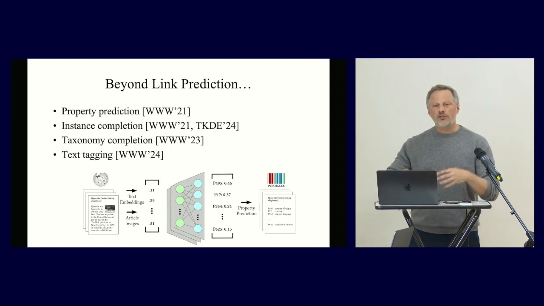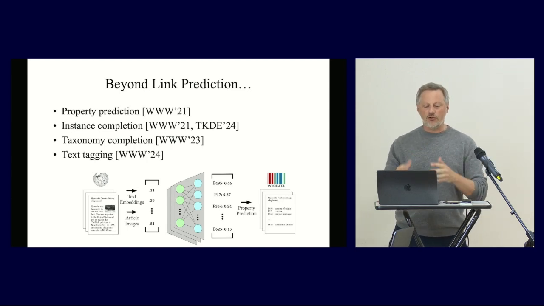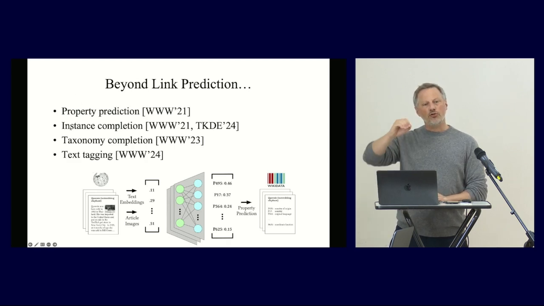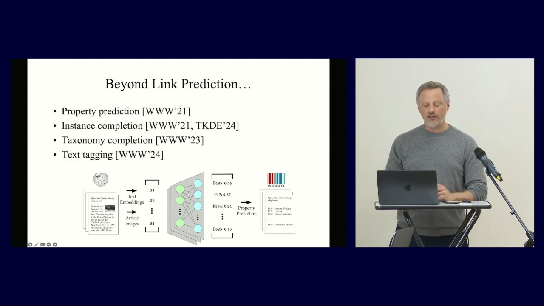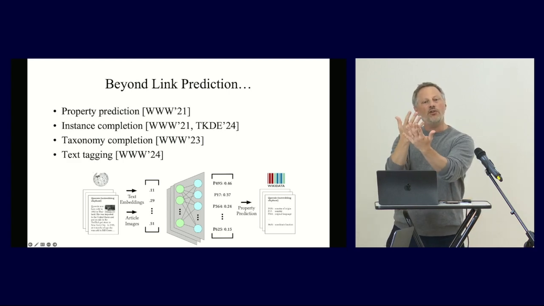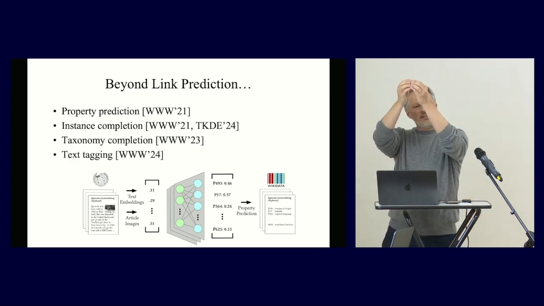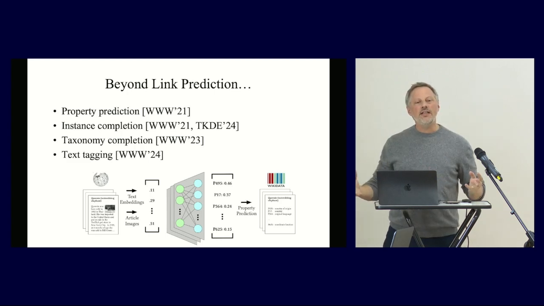And you can use those approaches not only to get the labels of the link, that's what everyone is doing, right? But you can do this also to complete the instances, right? So basically, if you are missing a fact in your knowledge graph, you can use this to infer some fact in the knowledge graph. You can do this also if you have a schema or a taxonomy to automatically complete the taxonomy.